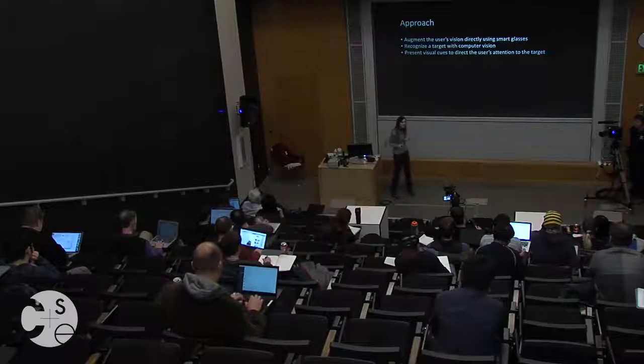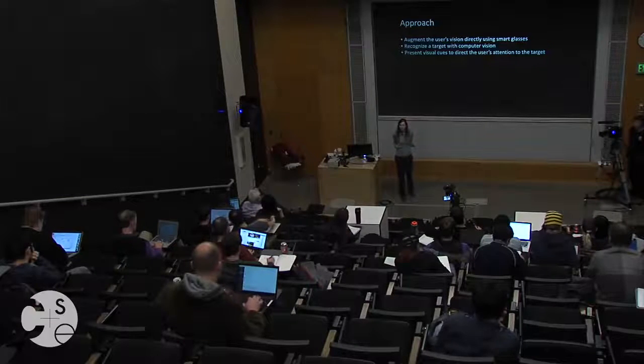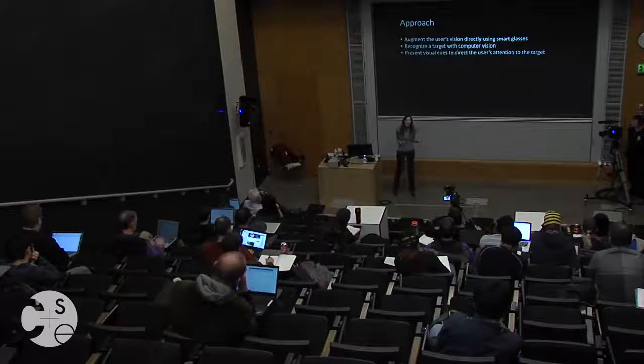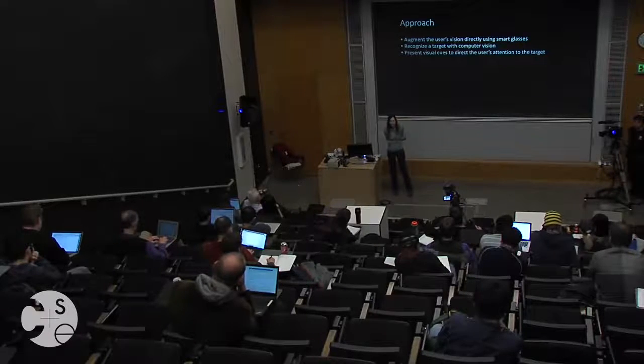So we also wanted to leverage computer vision technology to recognize products. This is an area in computer vision that's quite well developed. There's been a lot of research on product recognition in the last decade or so, so we want to leverage this.